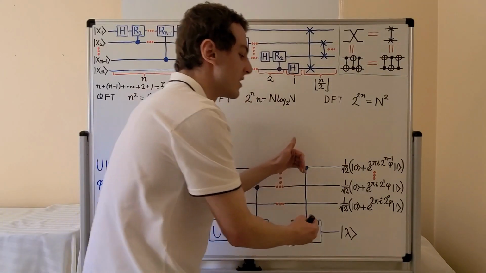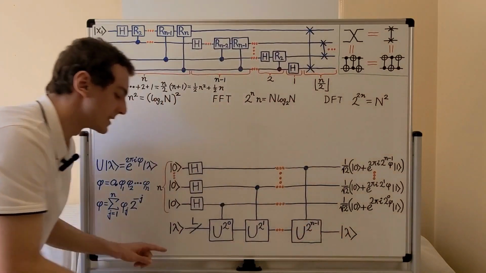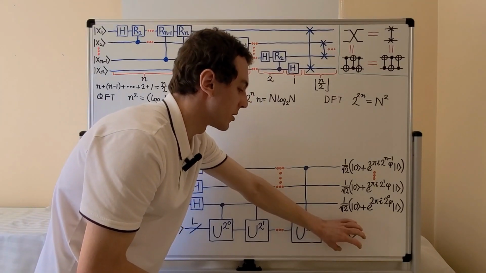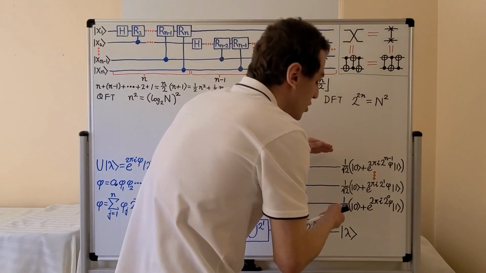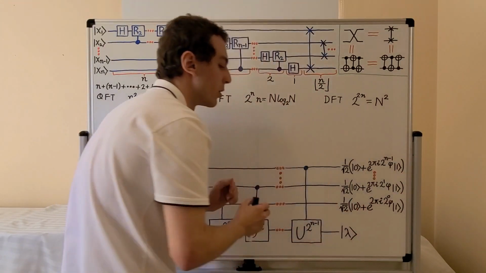And what happens when we get to the very end? Well, this bottom register still is in this eigenstate. So for now, let's ignore what's happening to this bottom register. So we're no longer interested in this bottom register. Now we're just interested in what's happened to all of these states in the top register.